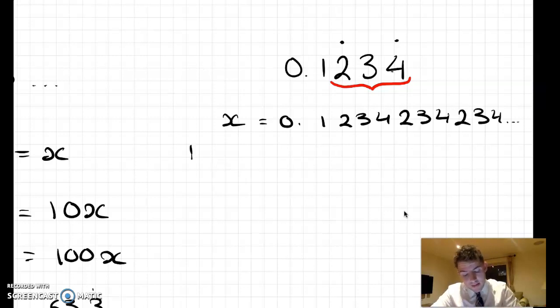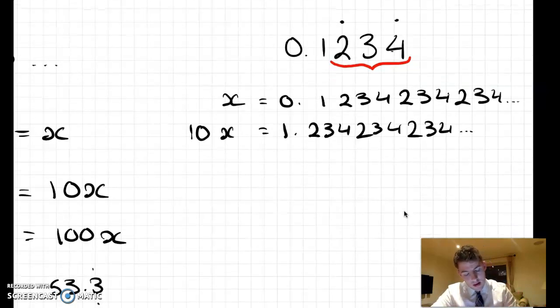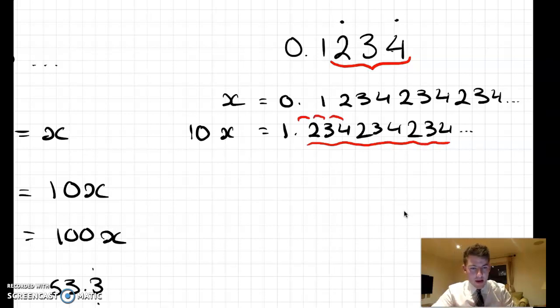Times this by 10. Now we have 1.234234234, and so on. We want to get another pattern like this. So we're going to times it all by 1, 2, 3: times it by 10, times it by 10, times it by 10.